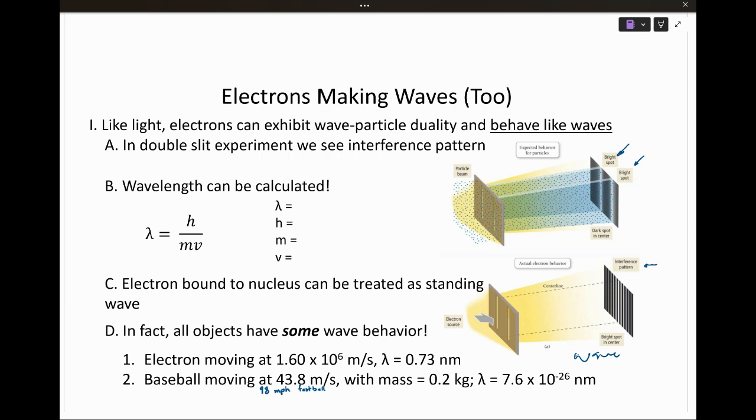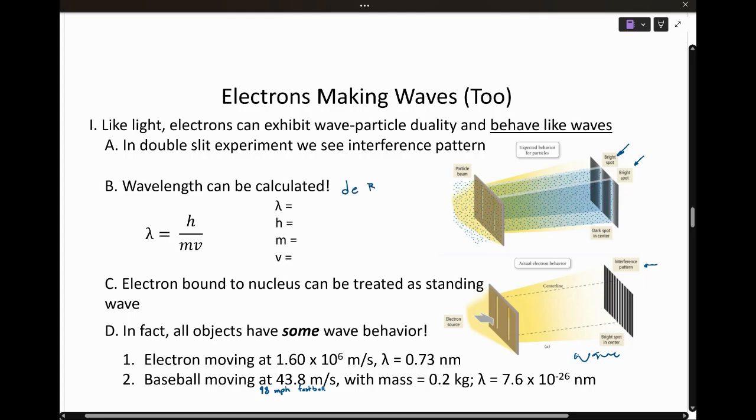This is called the de Broglie equation or the de Broglie relation, where the wavelength for anything, in meters, is given by Planck's constant divided by the mass of whatever we're looking at multiplied by its velocity.